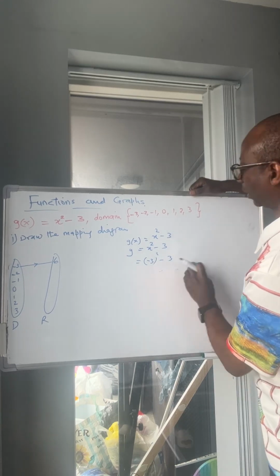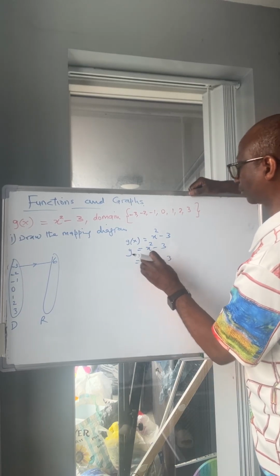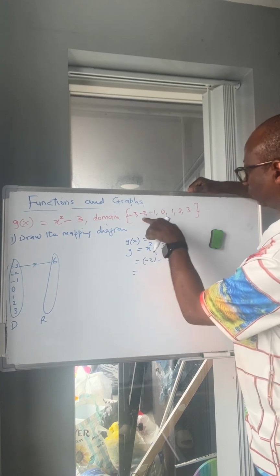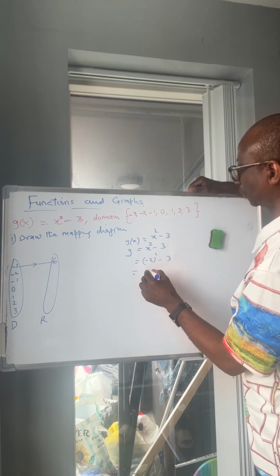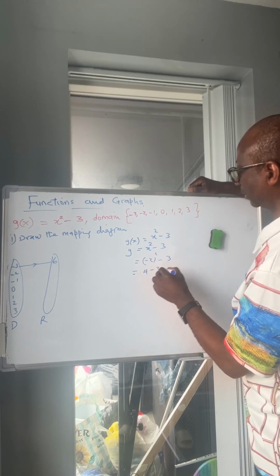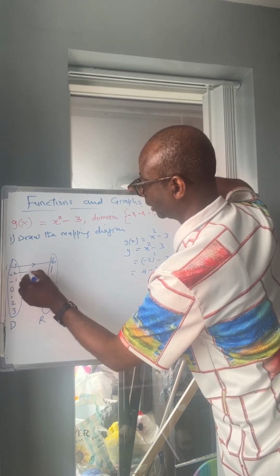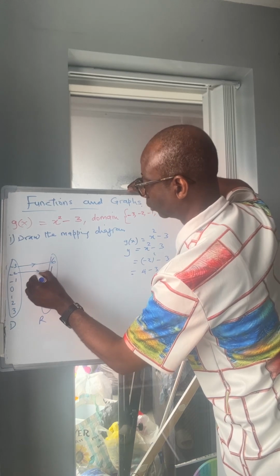What if you have minus 2? Minus 2 squared is 4, minus 3 gives you 1. So minus 2 maps to 1.